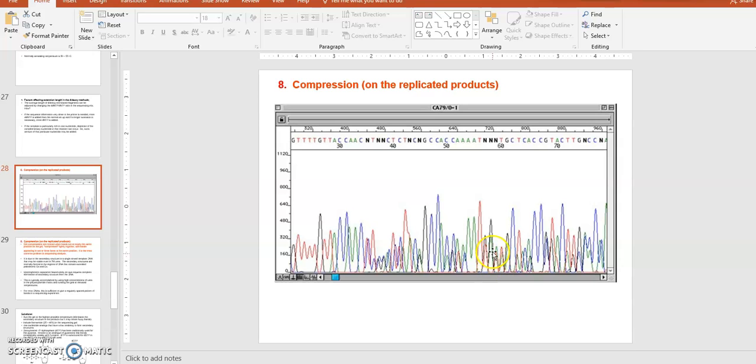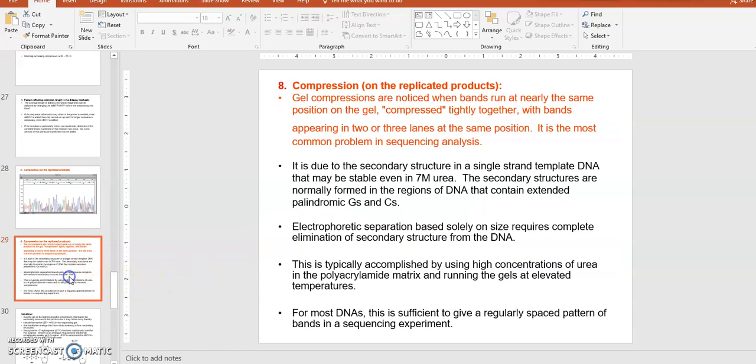One will be true and the other is fake because the other may have secondary structure showing up, so they end up at the same location on the gel. Then you don't know which one is true and which one is false, right? That's a kind of complicated issue. So that's a compression issue if there's a secondary structure problem on your replicated product.